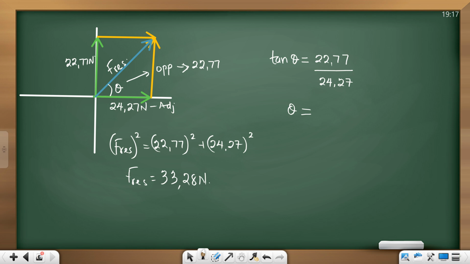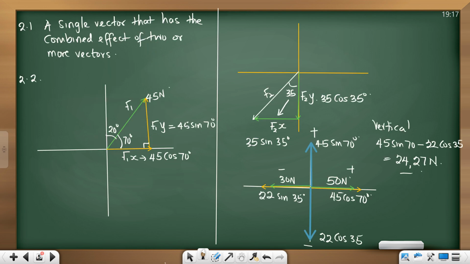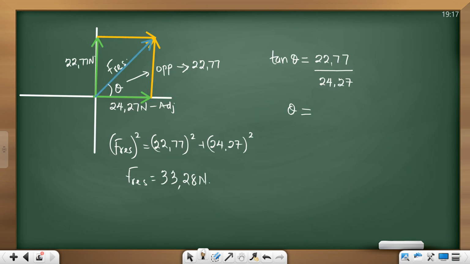Isn't it supposed to be 24,27 over 22,7? Y over x, tan. So you swapped the x and y values on the graph. Our vertical is what? 24,27. Yeah, so you put it as a horizontal.